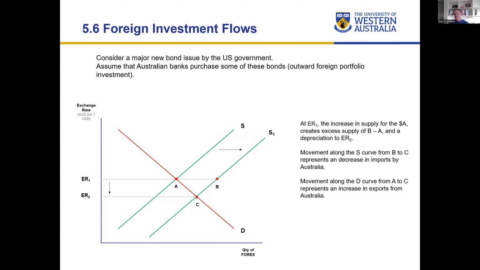But that's what A to C means. It means foreigners are demanding more Australian dollars to buy more Australian stuff. I call it stuff. It could be goods, services, it could be some assets in there as well.